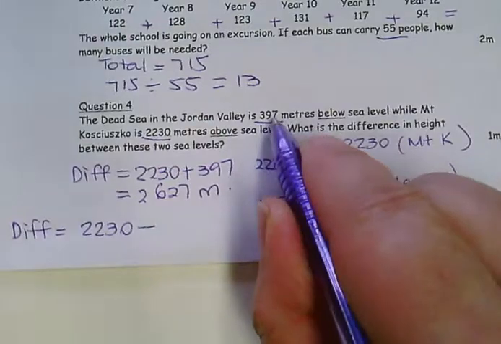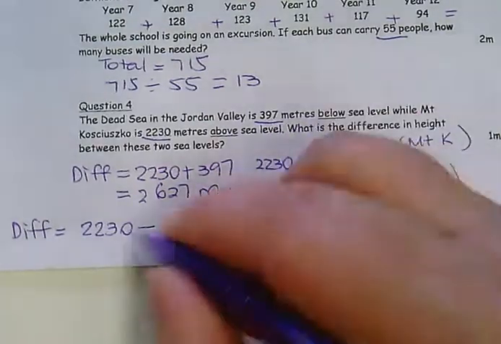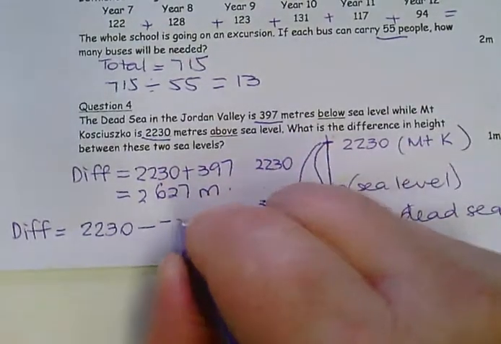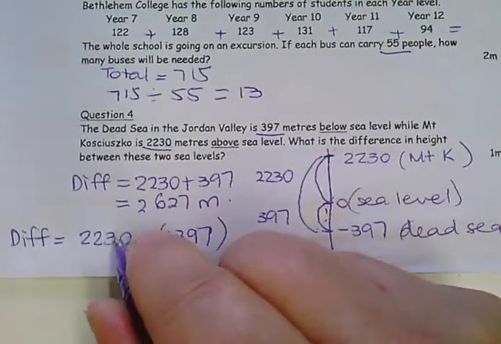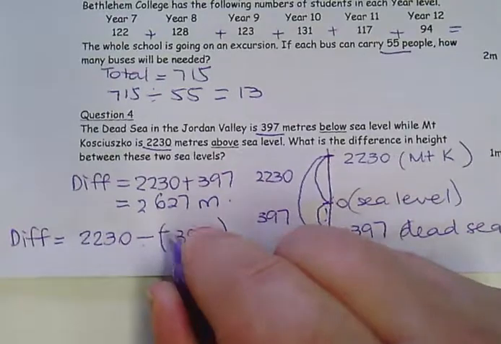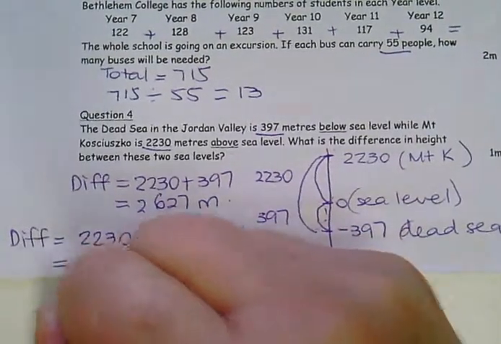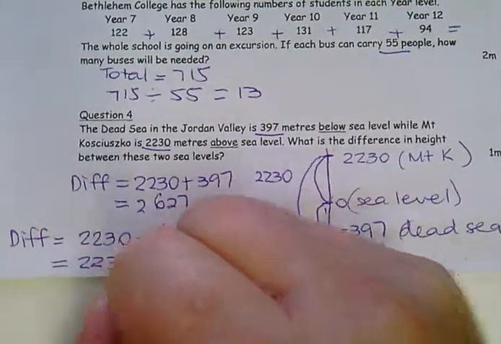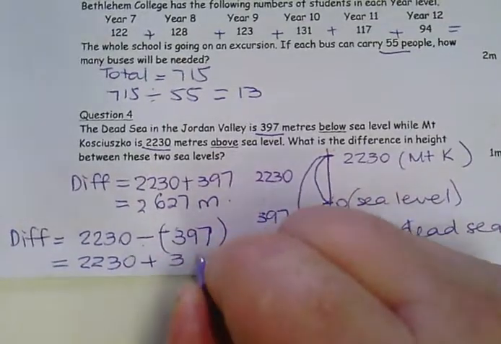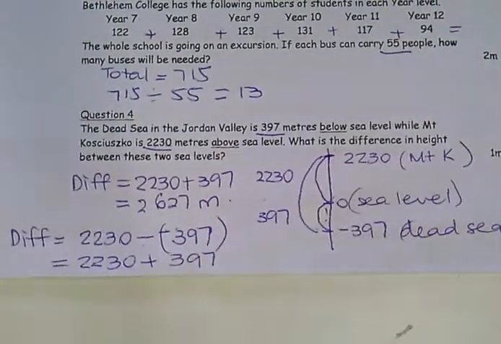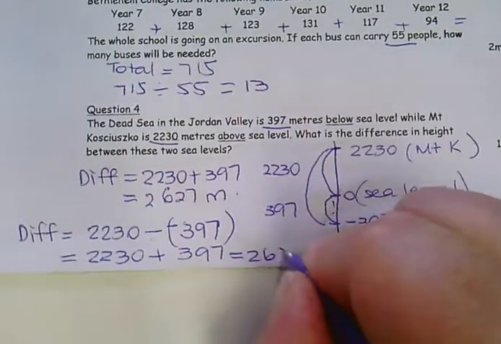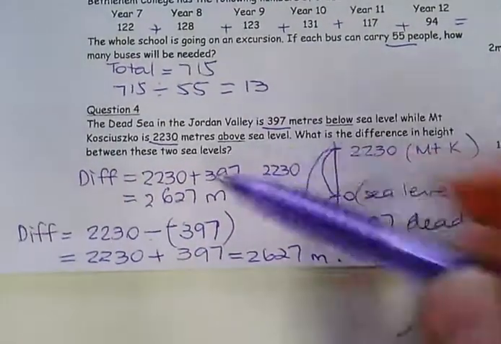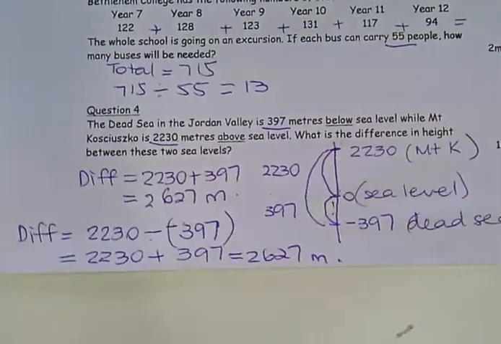But we're taking away 397 meters below sea level, so we're taking away negative 397. So I've got 2,230 take away negative 397. Now, taking away a negative means to add, so it's 2,230 plus 397, which is 2,627 meters, which is the same answer as we got when we looked at the diagram.